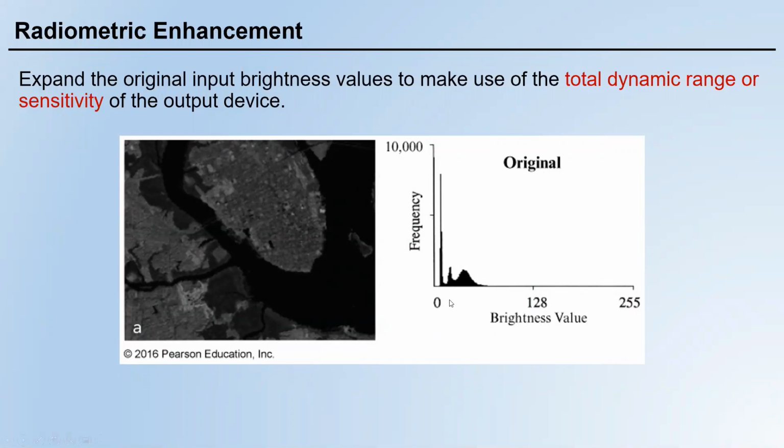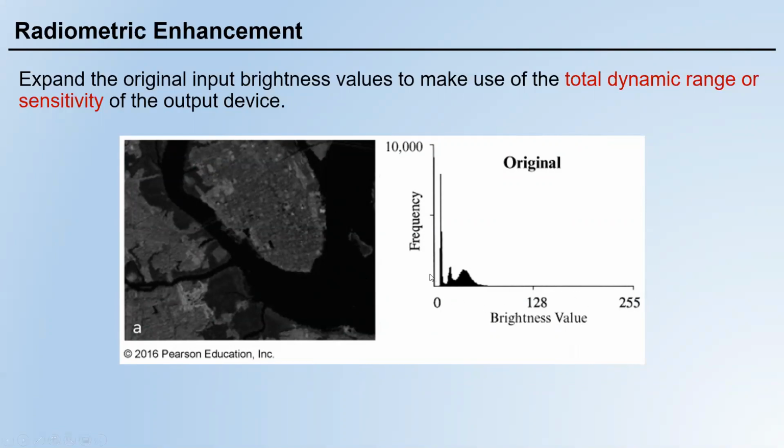Okay, so from 0 to 255, usually this range is the total dynamic range of all screens or devices that can display images. Usually that's the case. So from 0 to 255, which means that there are 256 values, right? Because there is 0 to 255. Okay, so this is the whole range.